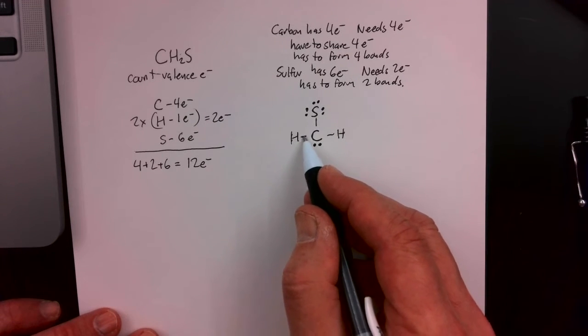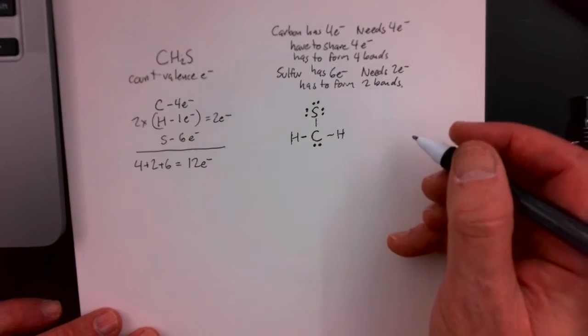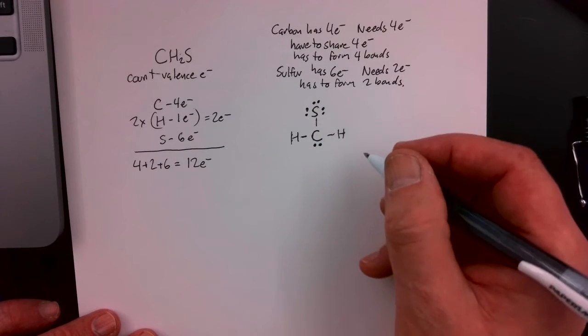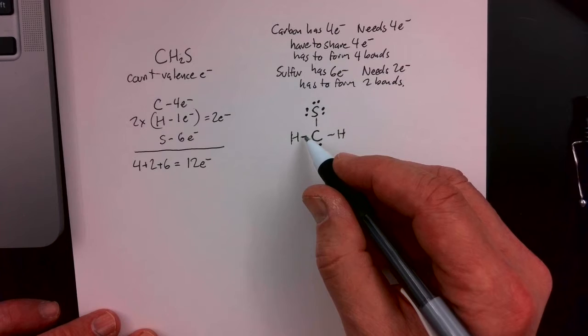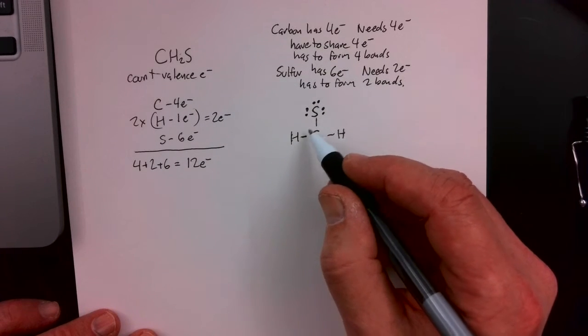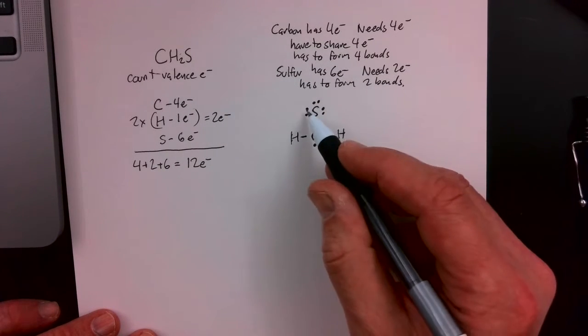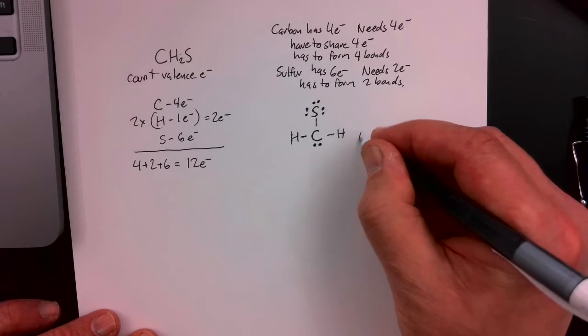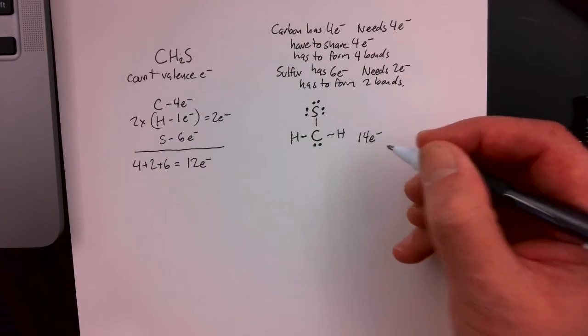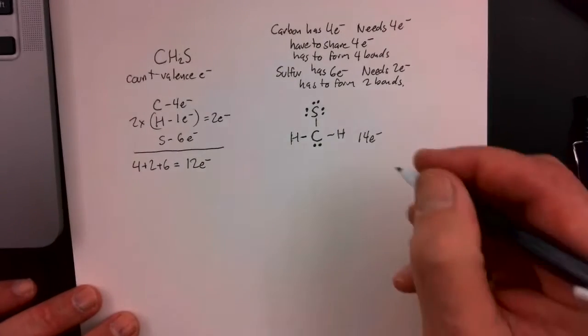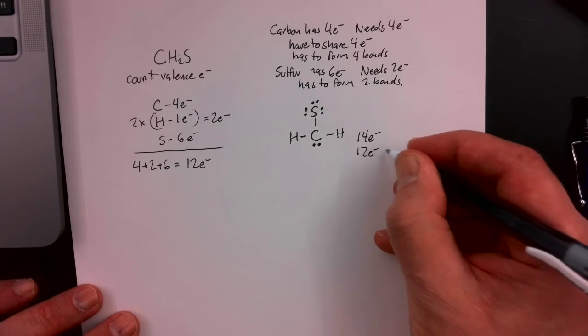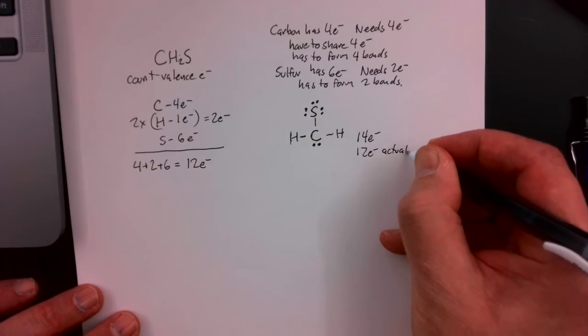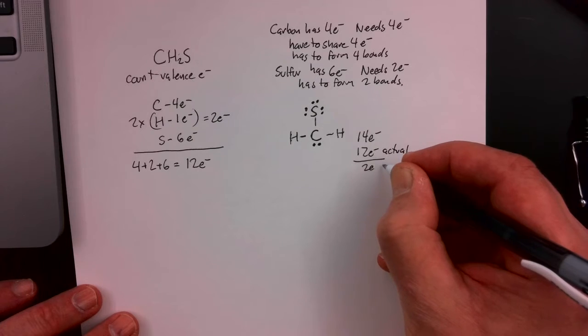So 1 bond, and it is done. So this looks great. Let's count the number of valence electrons we've used. So 2, 4, 6, 8, 10, 12, 14. This is 14 electrons. Well, if it's 14 electrons, and we only have 12 electrons, then we have 2 electrons too many.